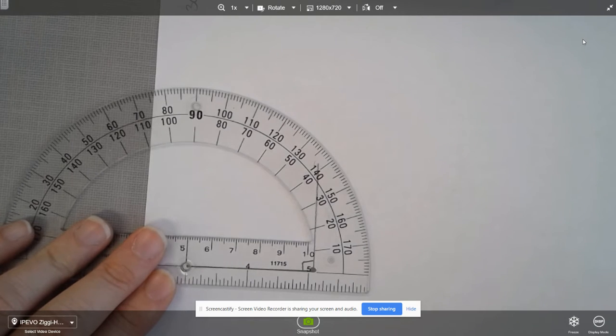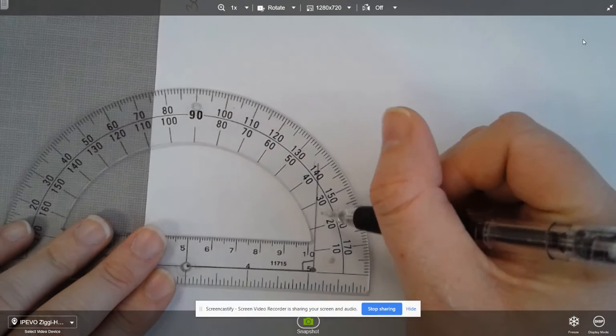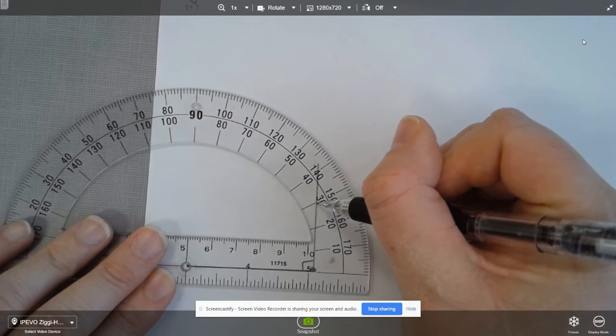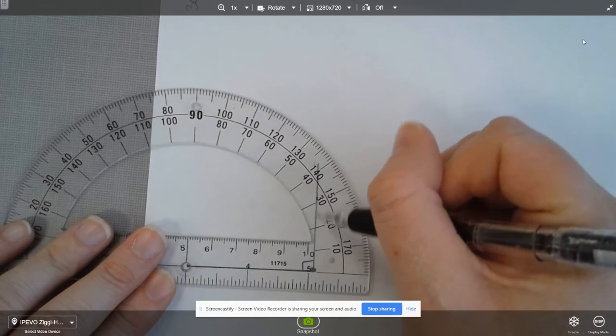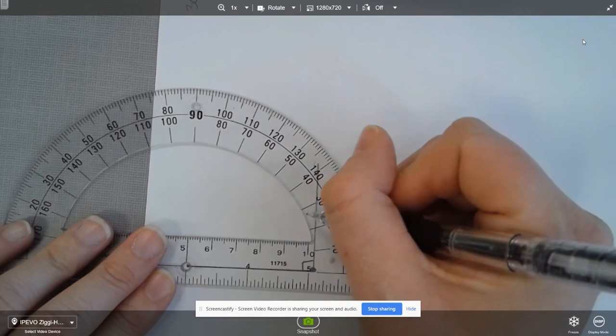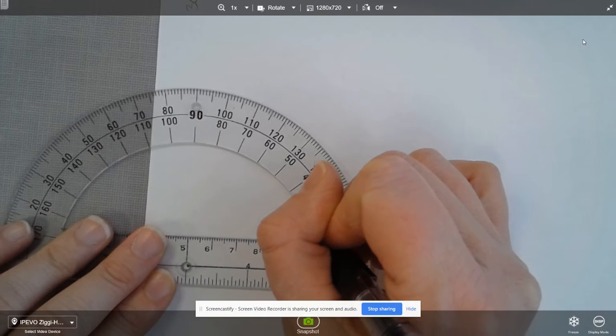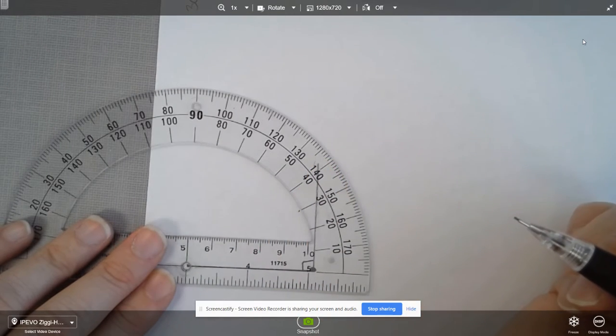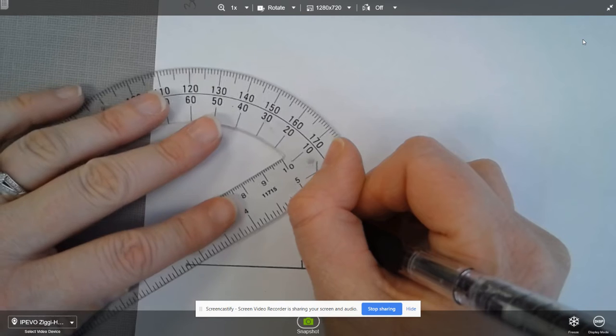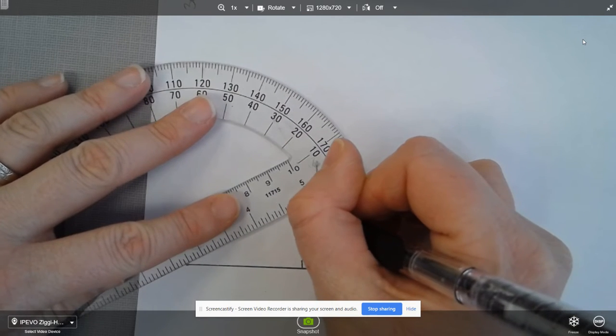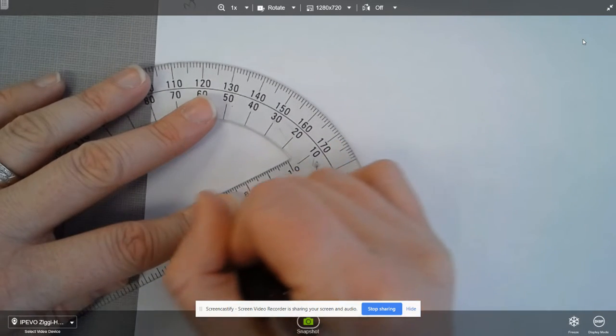So from here, I can either make the 30 or the 60. And it actually seems like the 30 might be the easiest one to go with, because if I look, this is my line behind it. You can kind of see it straight behind. I see 30 degrees right here. So I can make my marking right about the 30 degree marking point. Turn this, and I am going to connect my two dots.